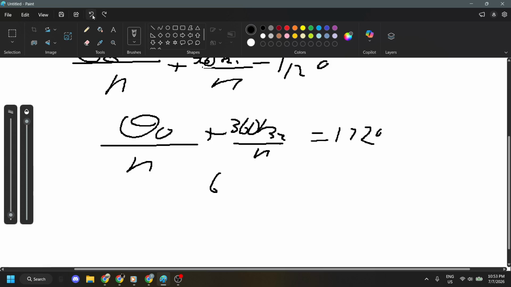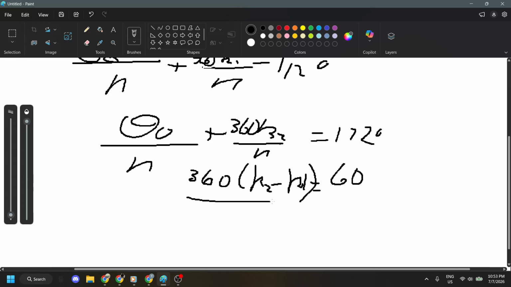So 60 is equal to, these cancel out. I'm taking this one minus this one, so 360 k2 minus k1 over n.